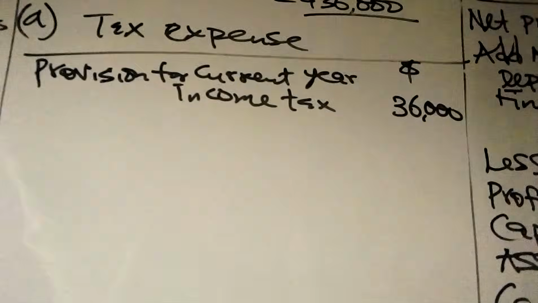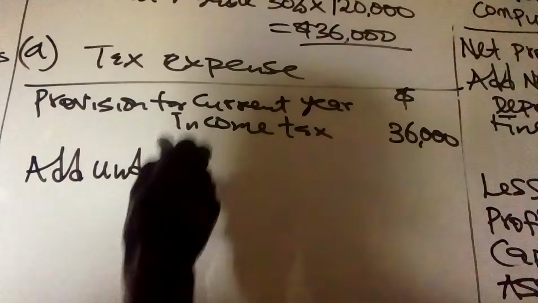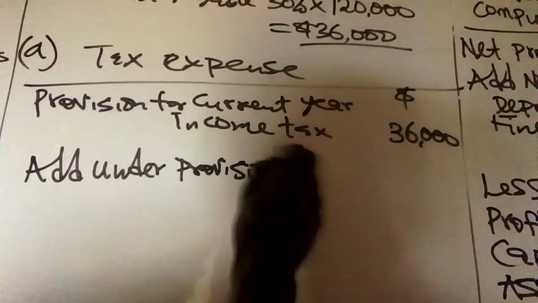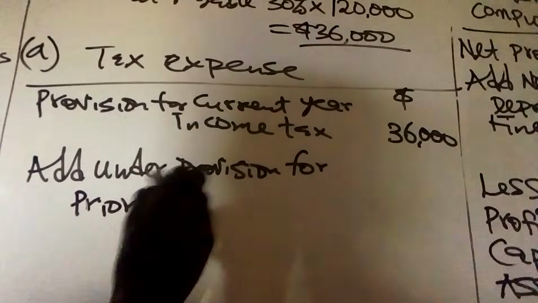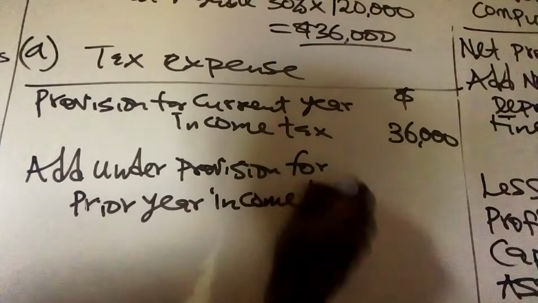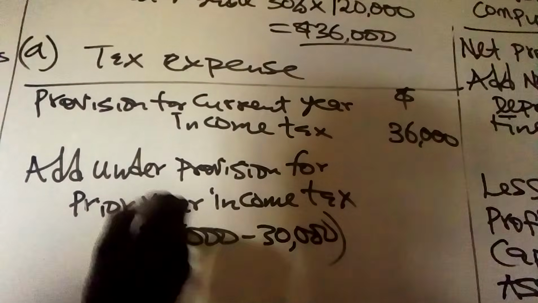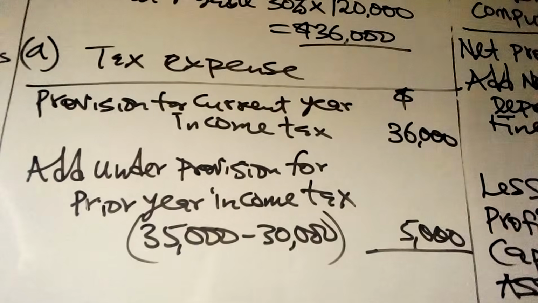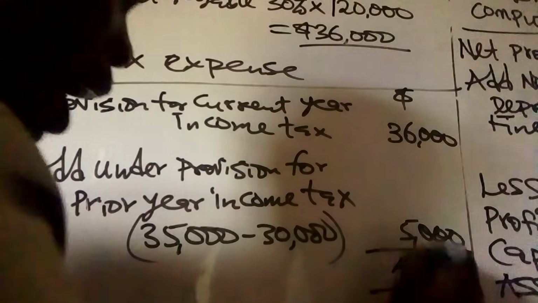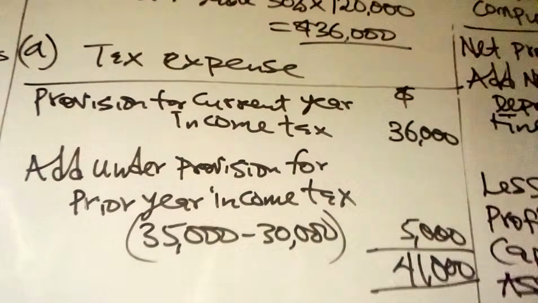So you add under provision for prior year income tax, which is 35,000 minus 30,000, then you have 5,000. If you add 5,000 to 36,000, then you have 41,000. That is the tax expense for the period.